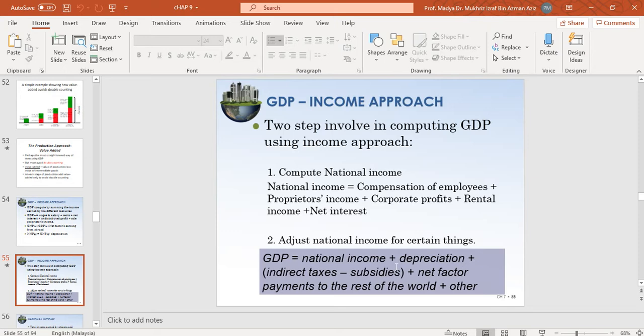So this is basically the formula that we are interested to focus on. GDP is national income plus depreciation plus tax minus subsidies, plus net factor payments to the rest of the world and other items. So basically you are adjusting national income for certain things.